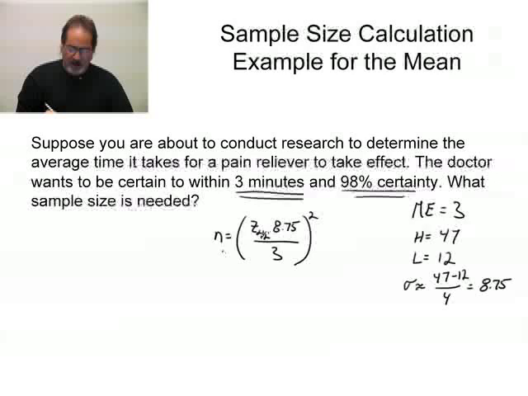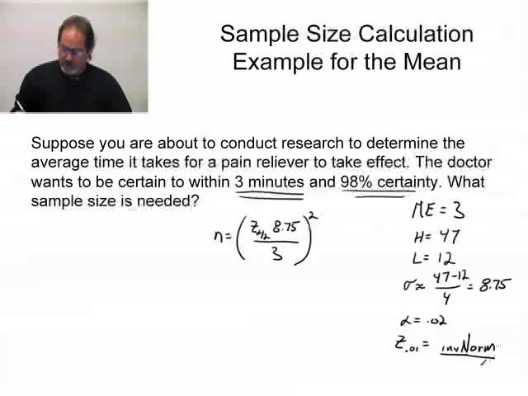And I can get z of alpha over 2 because if we want to be 98% certain, that means that alpha equals 0.02, so z of 0.02 over 2, z of 0.01, and you can get that using inverse norm of your calculator. Simply substitute that number and calculate it out.